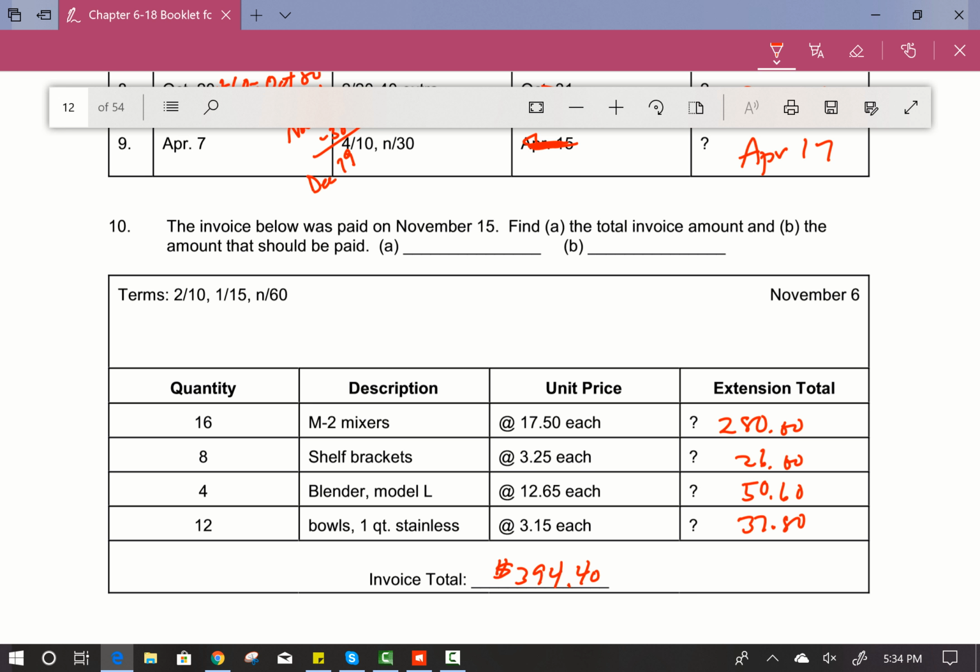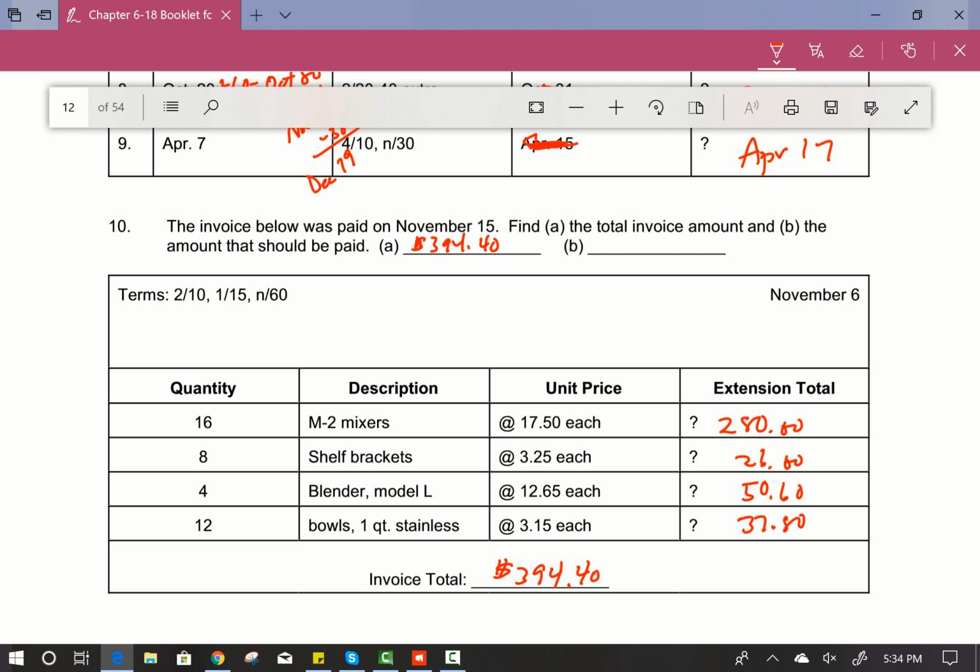So the invoice below was paid on November the 15th. Find the total invoice amount, which is $394.40. And then the amount that should be paid. The terms of this is a 2% discount if taken within 10 days, a 1% discount if taken within 15 days, and the net is due in 60 days.